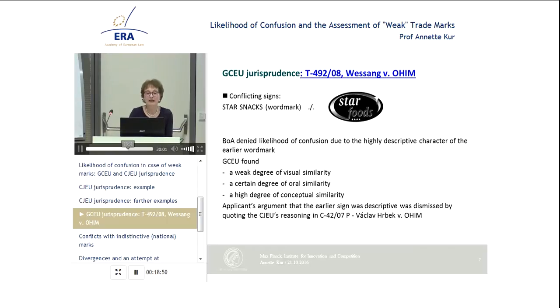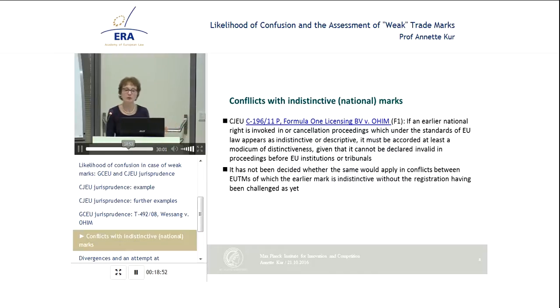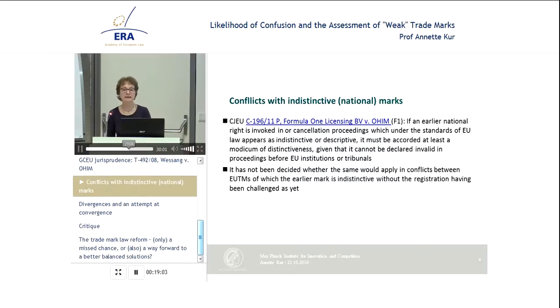Okay. We have a particular problem when we have conflicts with marks that are descriptive but have been registered in a member state, because in that case, in proceedings before the office and also before the General Court, it's not possible to adjudicate on the validity of those marks.